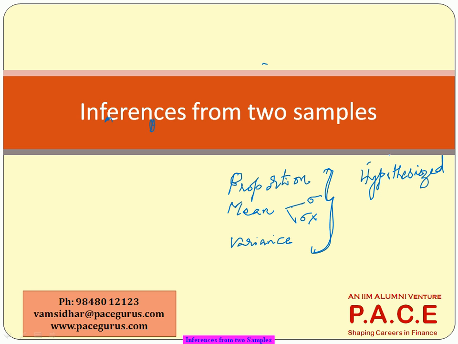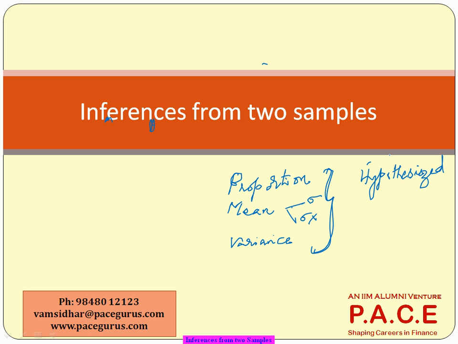But not all the time will our claims or comparisons be with a constant value. Sometimes the comparisons will be with another population parameter. So I have to take two different samples, and based on the two different samples, I may have to give a conclusion regarding a population.